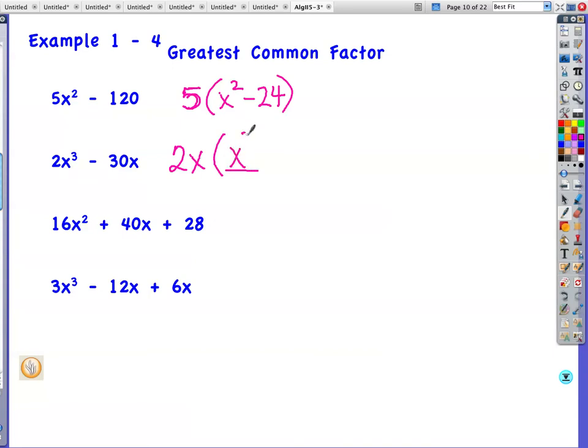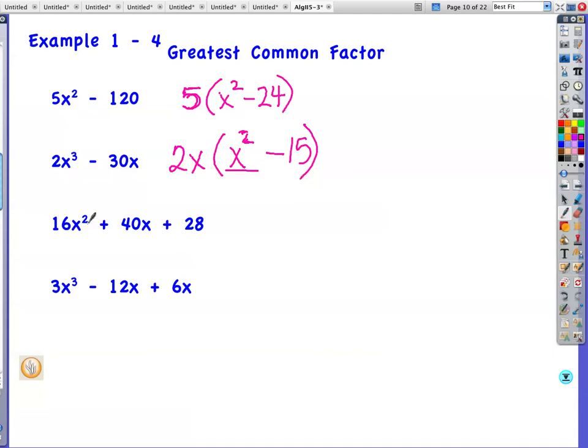Well, you would have to take it times x squared. Why is that? 2 times, there's technically a 1 there, is 2. X times x squared is x cubed. All right, minus 2x times 15 gives you the 30x. Done. There's no more factoring to be done with that one.